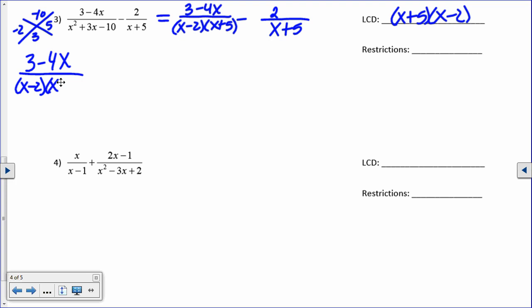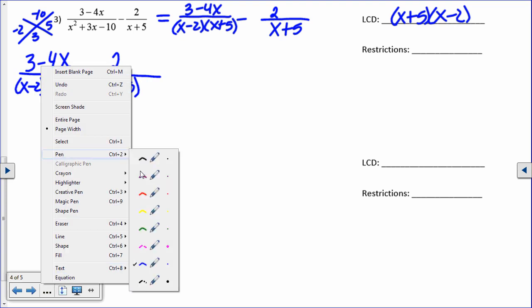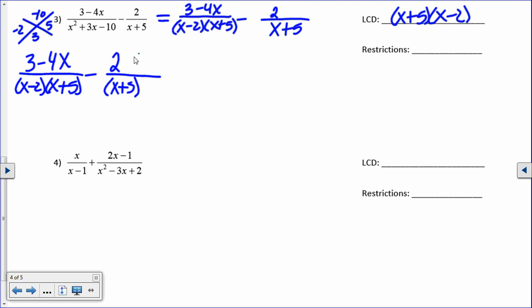Don't need to worry about that one. Alright, but in the second fraction, I have the x plus 5 part, but I was missing the x minus 2. So I'm going to multiply top and bottom by x minus 2.